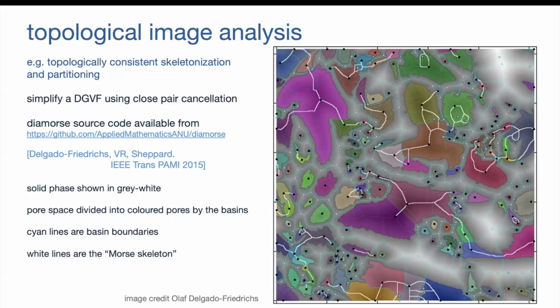The idea of close pairs is that I've got a cell of index k and another cell of index k minus 1 that are joined by a gradient flow line. If I look at my k-1 cell, it could be joined by flow lines to other k-dimensional cells, yeah? So I want all those other k-dimensional cells to be higher than the one I'm going to cancel with.